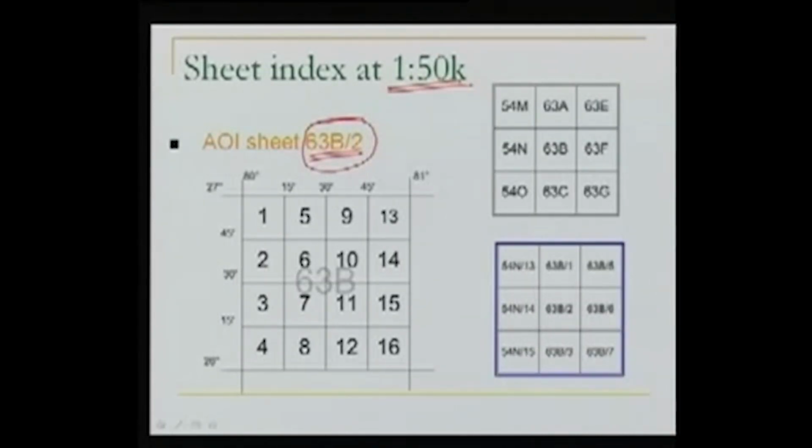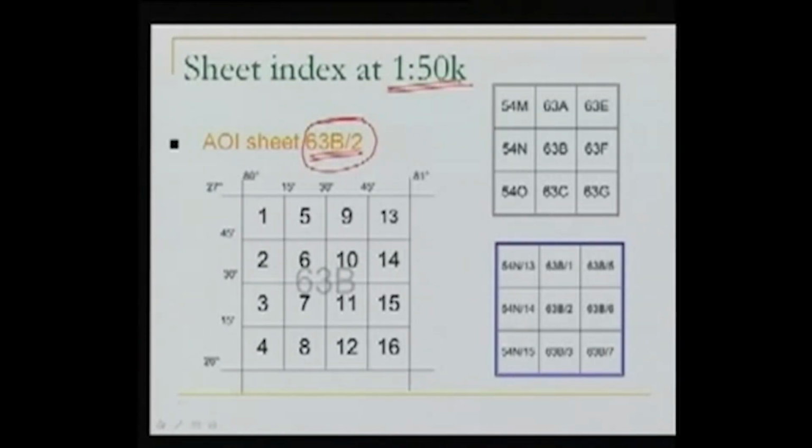63B, which is 1 degree here and 1 degree here, 26 to 27. This is divided in 16, and our area of interest is 63B by 2. So our area of interest is in this block. Now what is the sheet index for this?